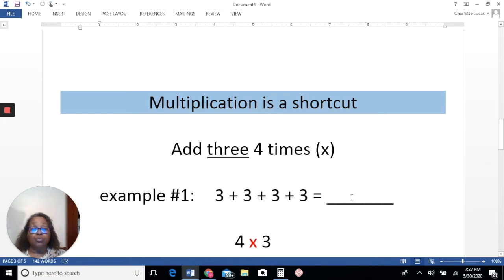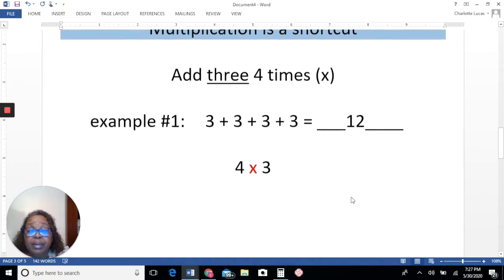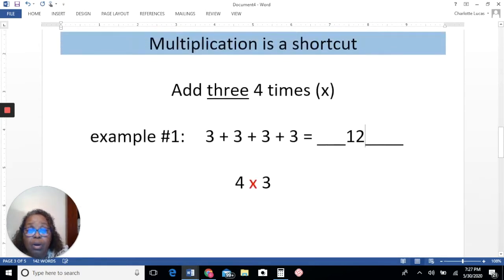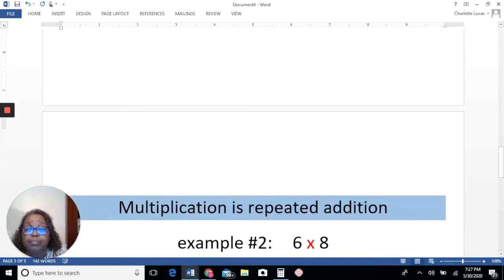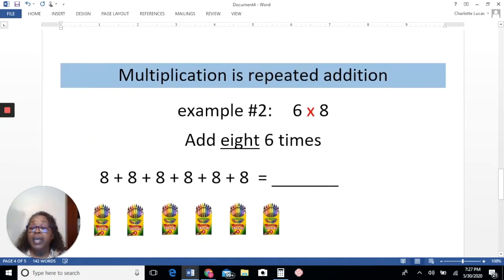We know that the answer would be 12. We just added that on our calculator. What we're finding out is that multiplication is repeated addition, and when you use the multiplication expression, you're simply using a shortcut. It makes it a lot easier.